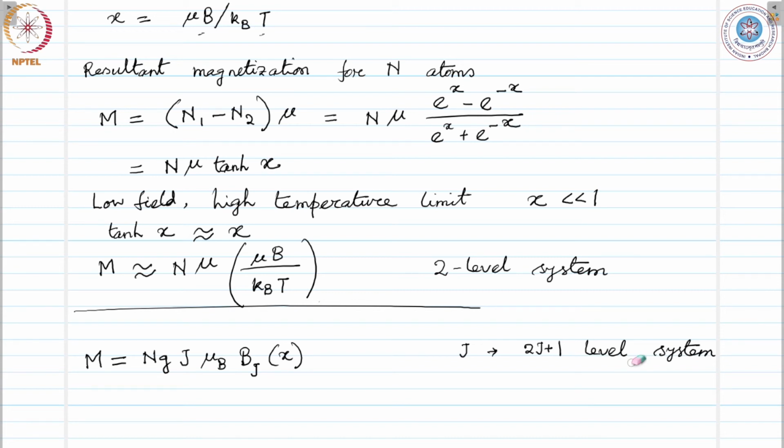Here we have B_J(x). Now, this expression is known as the Curie-Brillouin law.